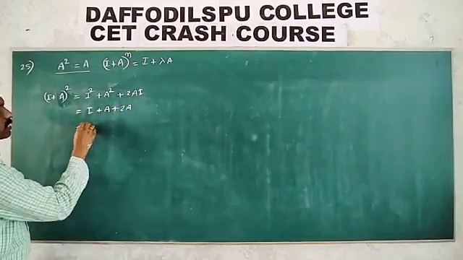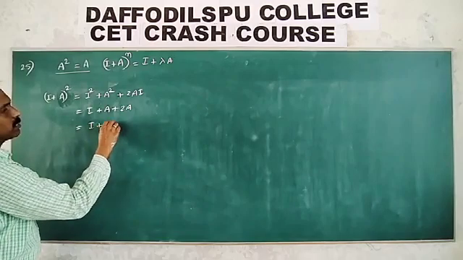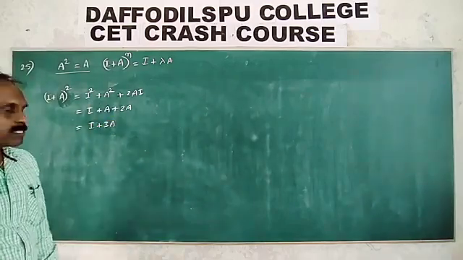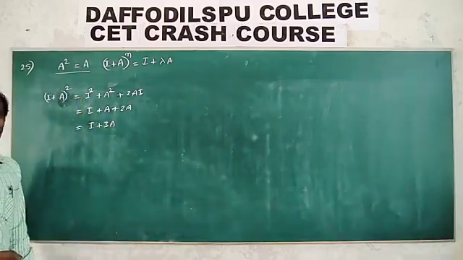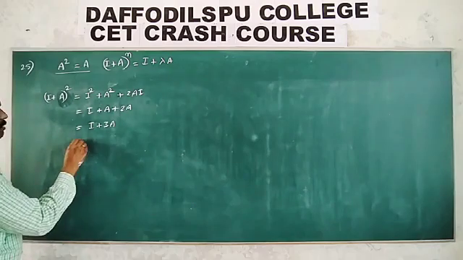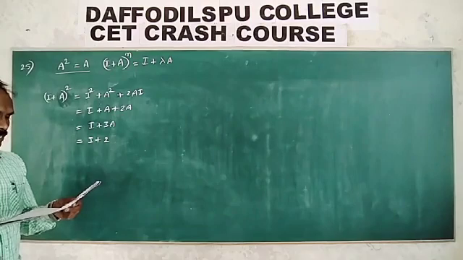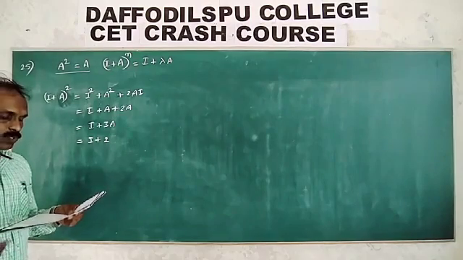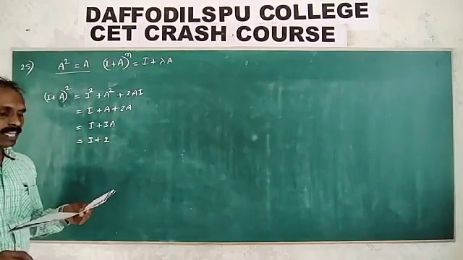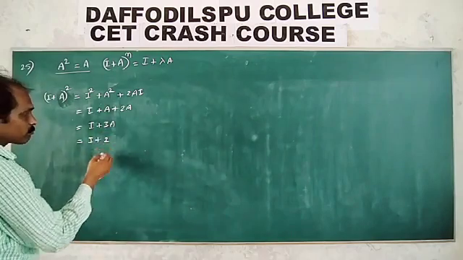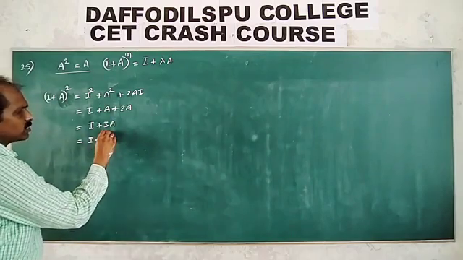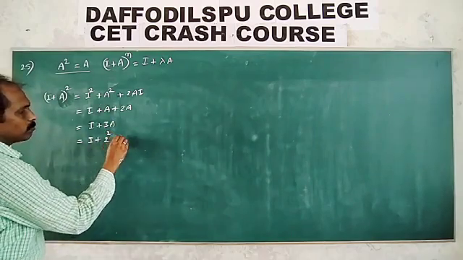This can be written as I plus 3A. This can be written in terms of 2 power n minus 1 or 2 power n plus 1, like that options.